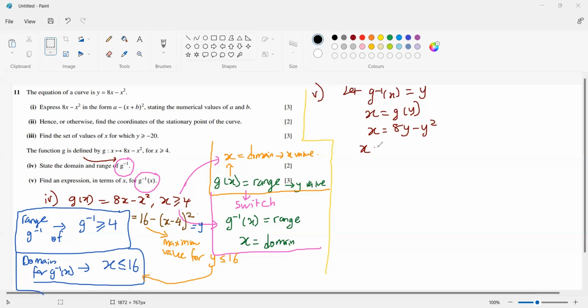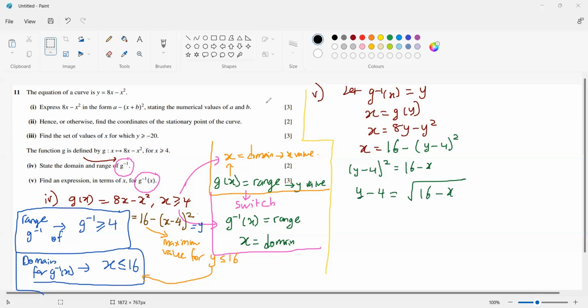If we recap, completing the square part earlier can help us to write it as 16 minus, using the x now, y minus 4 whole thing squared. So y minus 4 whole thing squared equals to 16 minus x. Therefore, this becomes y minus 4 equals to square root of 16 minus x. It's a positive root.